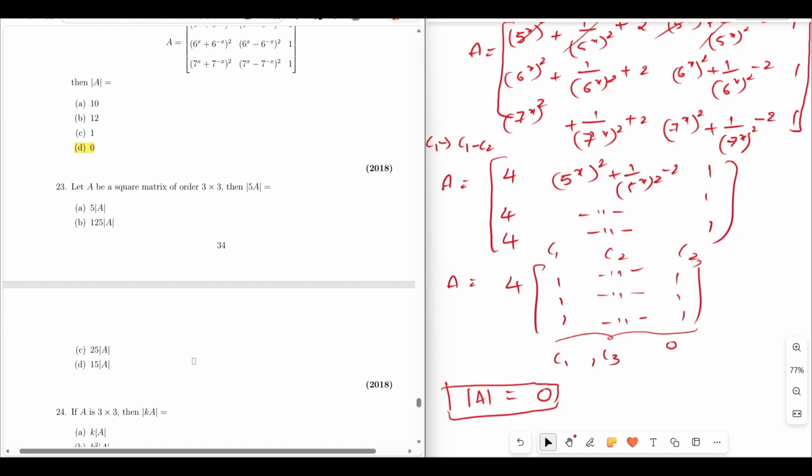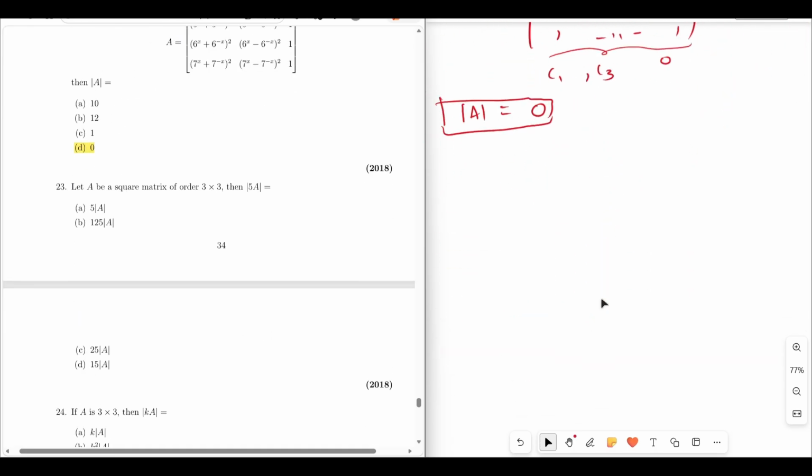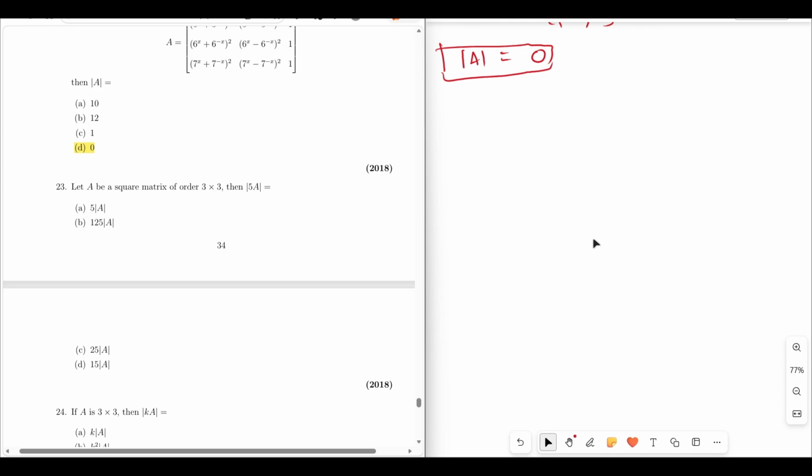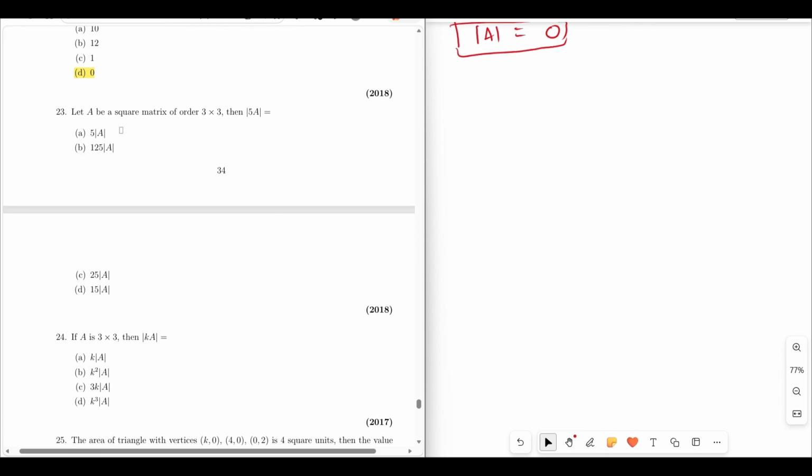Just using the a plus b whole square and a minus b whole square formula, and then doing some column operations. Then moving on to the next question from the year 2018, that is the 23rd question. They have told that A is a square matrix of order 3, n is equal to 3, and they're asking you to find the determinant of 5A.